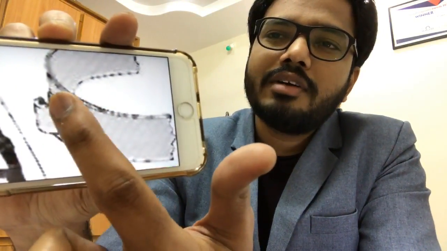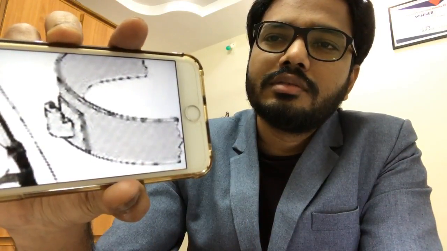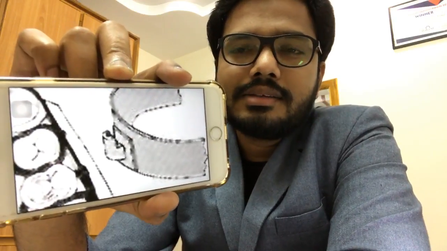Edgewise is something where we don't have this vertical slot, as Ramesh has mentioned here. As you can see here, we have a vertical slot directed occlusally. So this is the ribbon arch, Angle's ribbon arch.